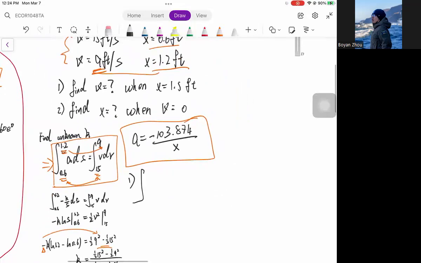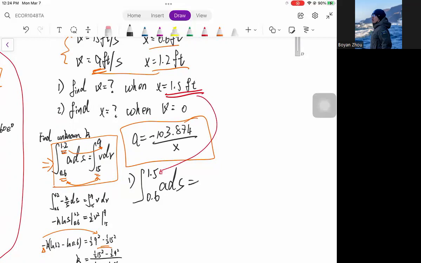When x is equal to 1.5, we're evaluating from 0.6 to 1.5. The 1.5 is over here, so we're just going to put it on here.